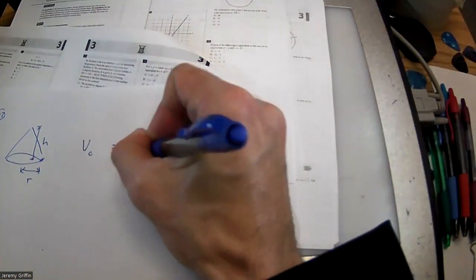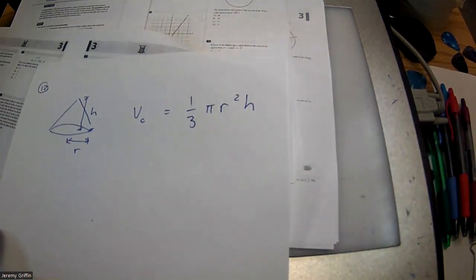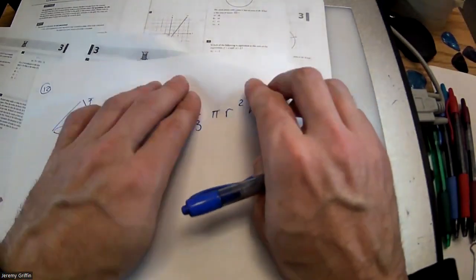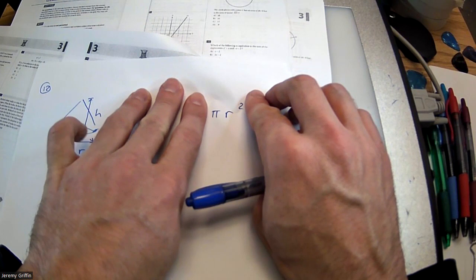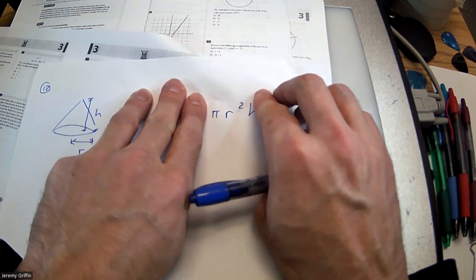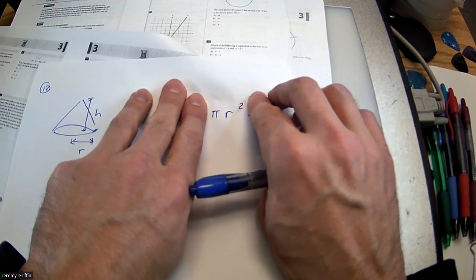Volume of cone, 1/3 pi r squared h. But I want to walk you guys through this because you can memorize this like this. Pi r squared. Doesn't that represent the area of the base, the area of that circle? Multiply by the height, that would give you a cylinder, wouldn't it? Isn't that the area of a cylinder? Like base times height.